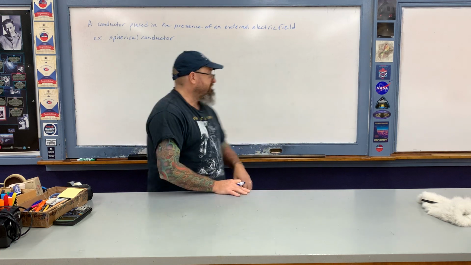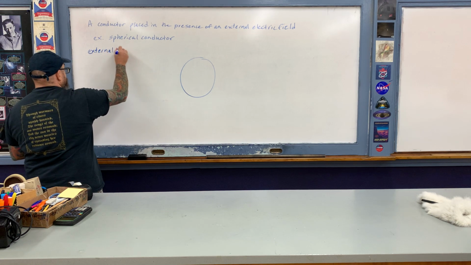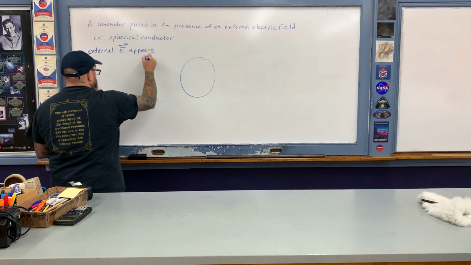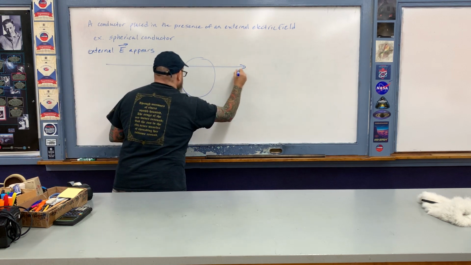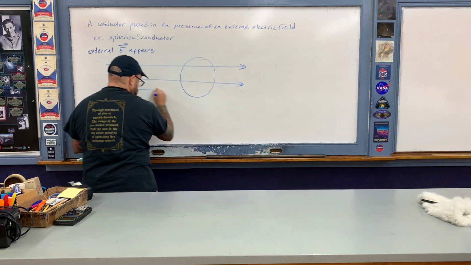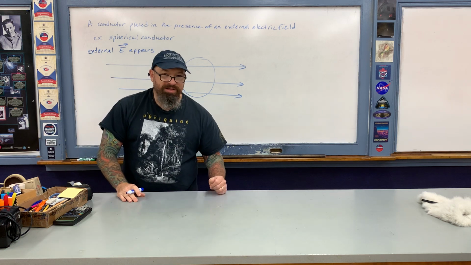How that happens is unimportant, but let's say that an external E appears, like so. So here are a couple of field lines, like so.